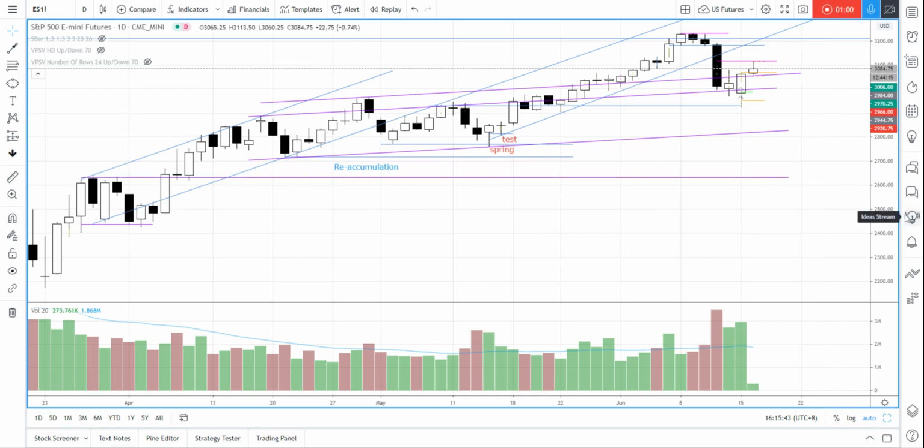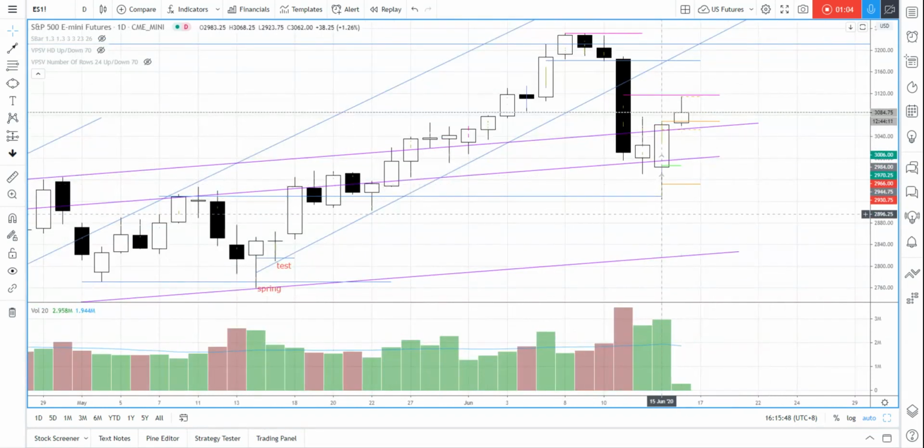As we can see in this daily chart of the S&P 500, yesterday was a bullish day, and we have seen a very wide swing up, from the low at around 2930 all the way to close near 3060. So that is a really strong up move.